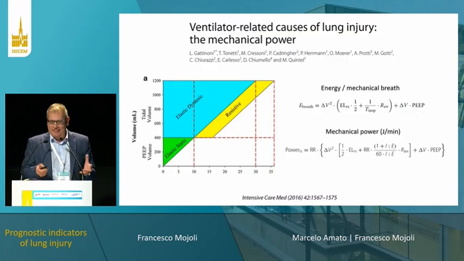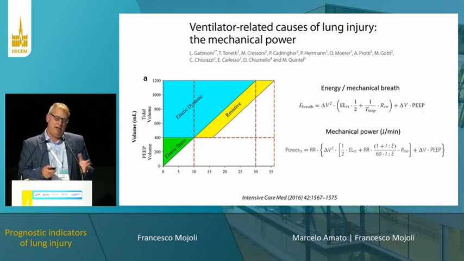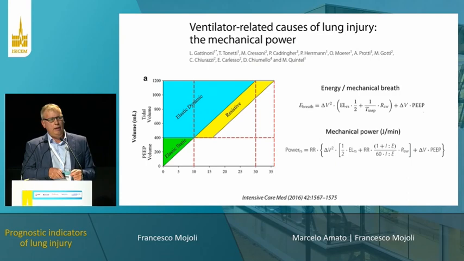And then power, okay? It was very well explained in the previous lecture. So we can measure the energy that is delivered by the ventilator or done by the patient each breath as the area of the dynamic pressure volume curve.